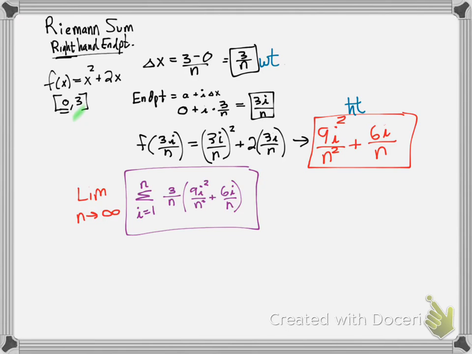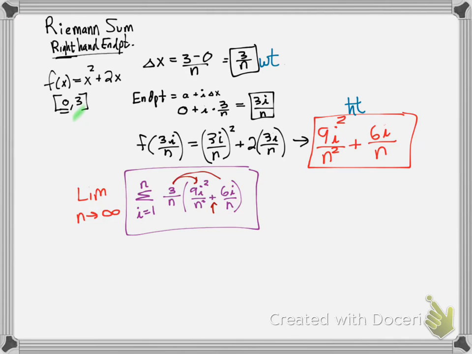It's going to take a little bit of work. So the first thing I'm going to do is break this apart. I could distribute this, but I'm going to be factoring it out, so I'm just going to break these apart because of the addition.